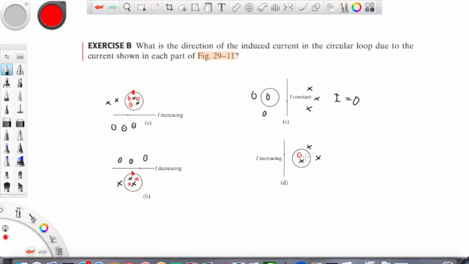So the direction of the induced field would be this, out of the screen, which again means that the direction of the current, according to the right-hand rule, is counterclockwise.